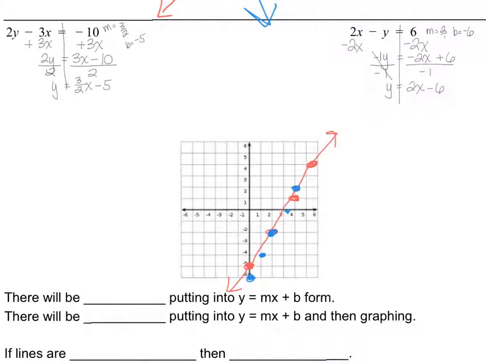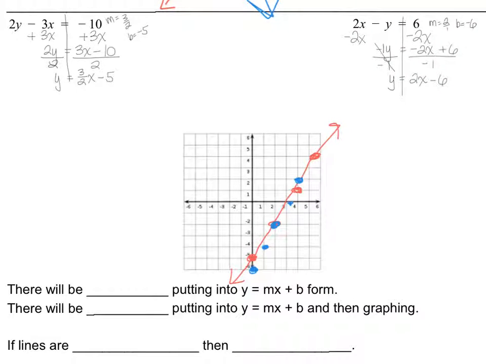This kind of shows you the importance of using a ruler because it almost looks like they cross in 2 points, but they don't. They cross right in here.